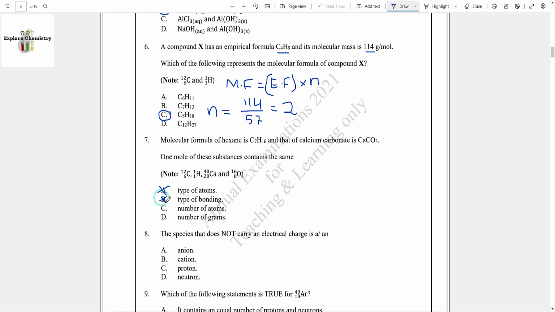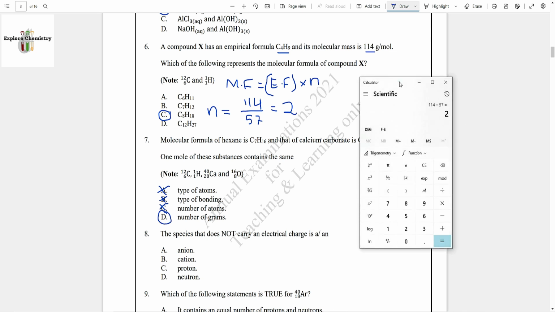Now we need to check the number of atoms. The number of atoms, you can see, is different. There are 5 atoms present in calcium carbonate and there are many atoms present in hexane. So this is also wrong. Number of grams are the same. How can you say that?